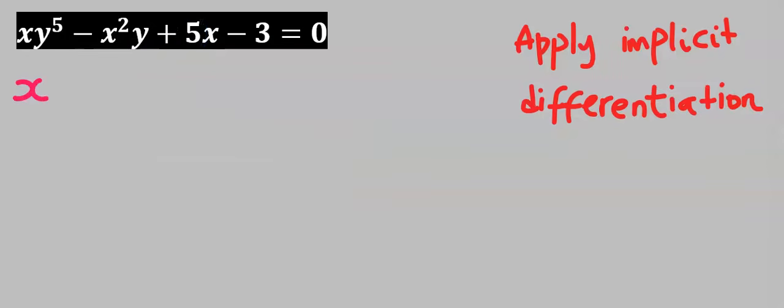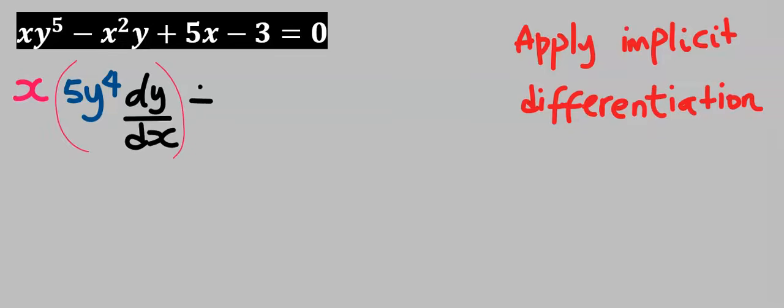Let's keep x constant while we differentiate y. Differentiating y to the power of 5, we're going to have 5y to the power of 4. However, because we differentiated y, we're going to multiply it by dy dx according to the rule of implicit differentiation.